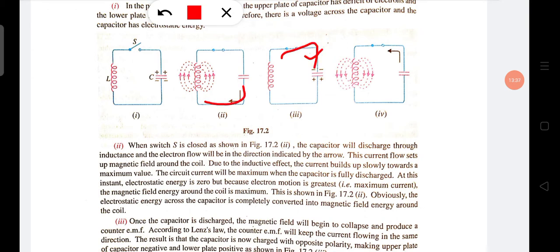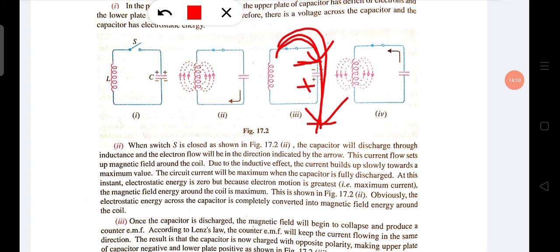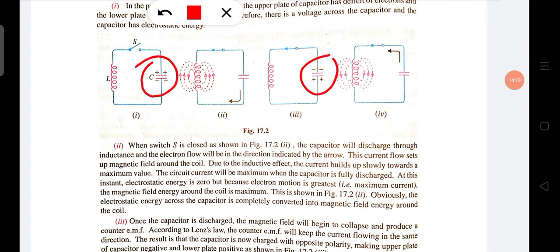Here this direction, here also this direction. So due to this, the capacitor is charged again. Remember, the back EMF produced by the coil charges the capacitor again, and the polarity is opposite due to the current flowing this way. Always remember the current flows from negative to positive. So negative here and positive here. So the polarity is changed. Previously this was positive and this negative; here it is the opposite polarity.